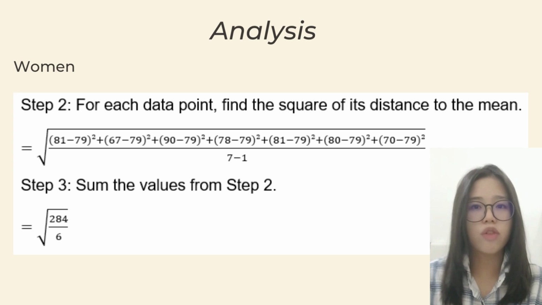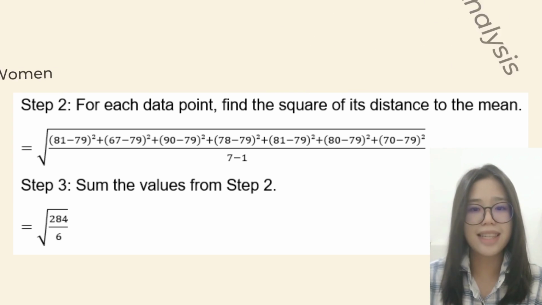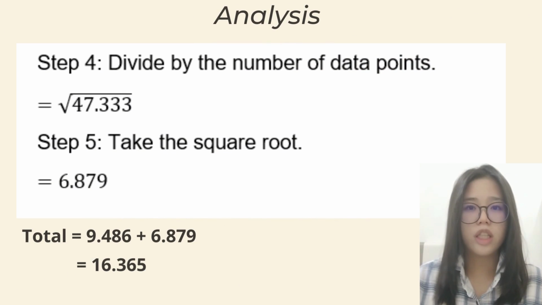For women, step 2, find the square of its distance to the mean for each data point, divided by 7 minus 1. Step 3, sum the values from step 2, which is the square root of 284 divided by 6. Step 4, divide by the number of data points, which is equal to the square root of 47.333.